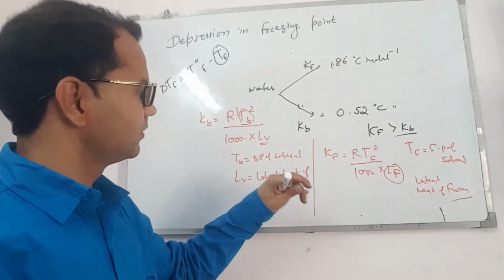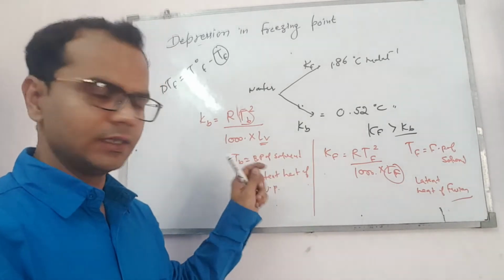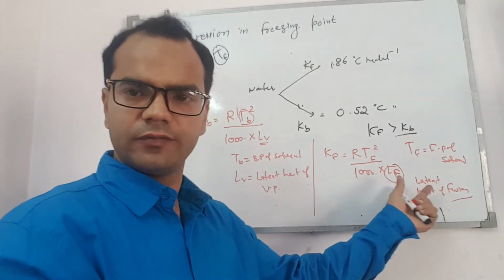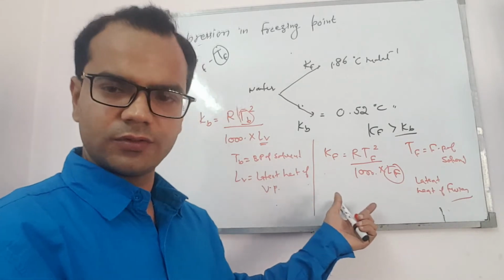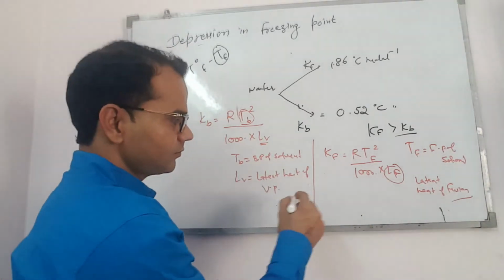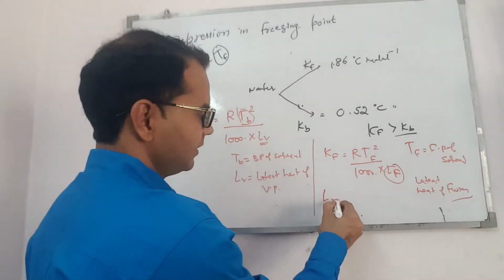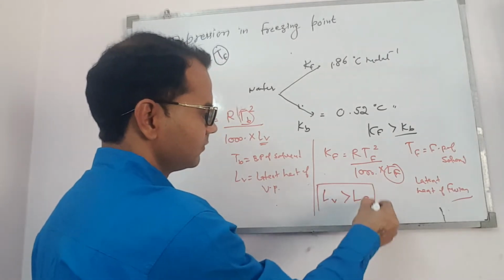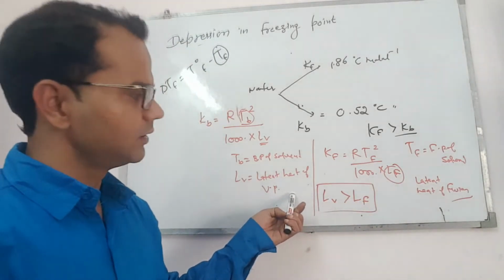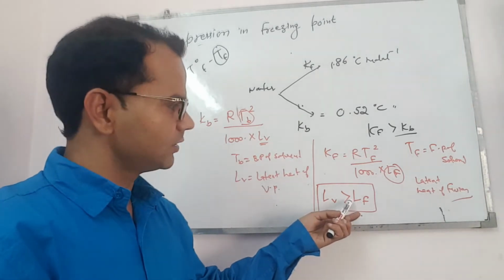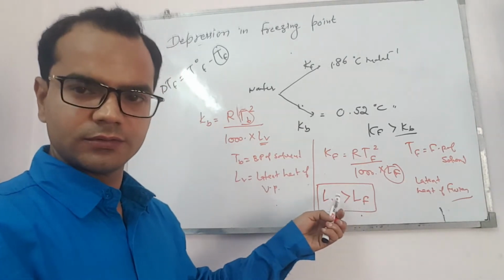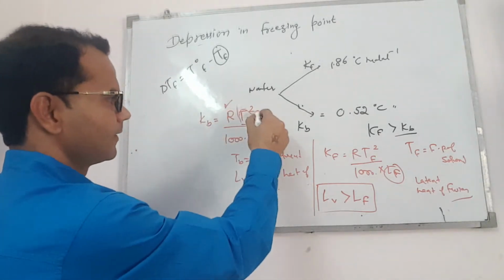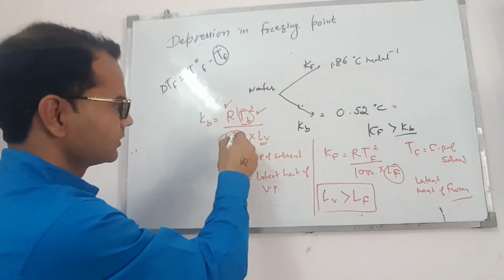Fusion and vaporization are the phase changes. In vaporization, liquid will convert into gas. A large amount of heat will be required. In fusion, liquid will freeze, liquid will convert into solid. So practically LV is greater than LF. Latent heat of vaporization is greater than latent heat of fusion. Now use this here. R constant, gas constant, TB constant, 1000 constant.